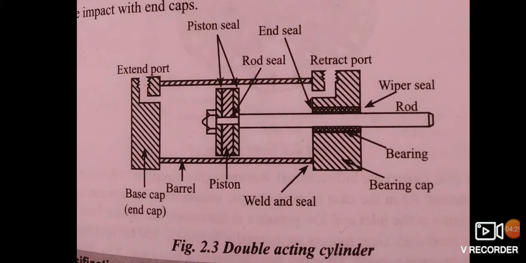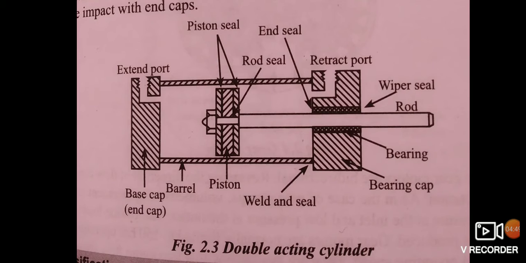Now, the double acting cylinders. The main parts of the hydraulic double acting cylinders are the piston rod, cylinder tube, and end caps. The figure shows a double acting cylinder.